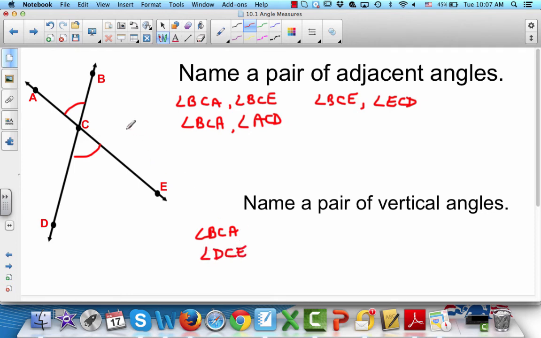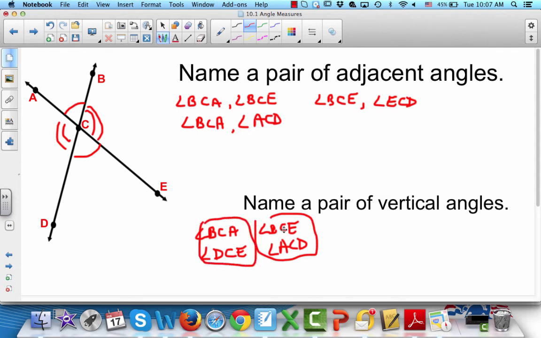All right, one more pair. This one, angle BCE, and angle ACD. So you could have chosen either one of those pairs as vertical angles.